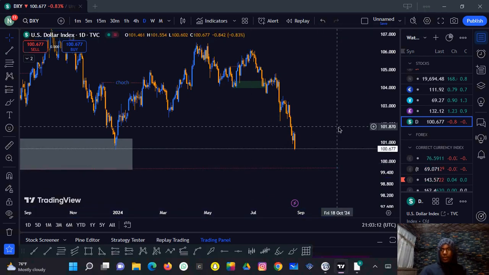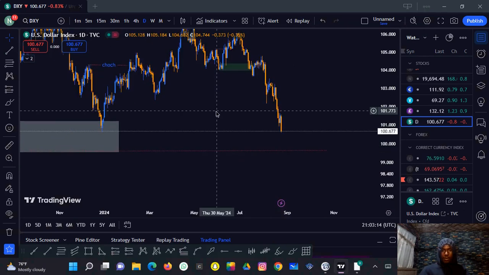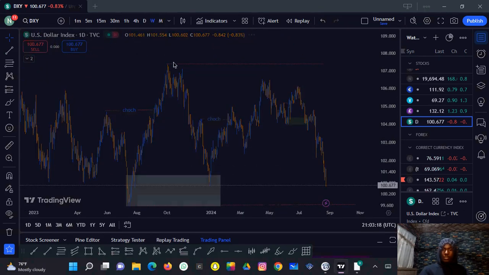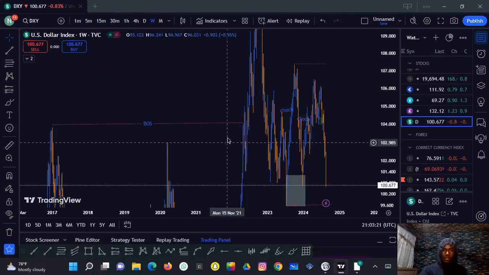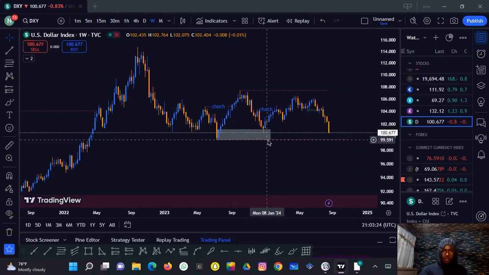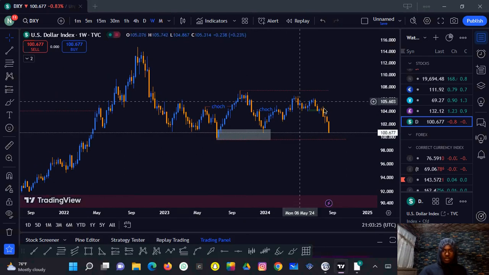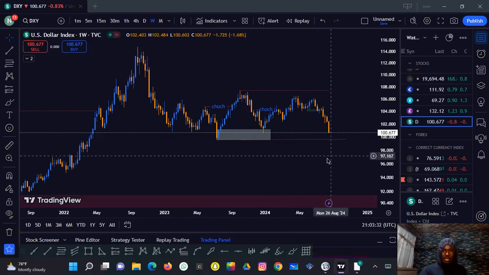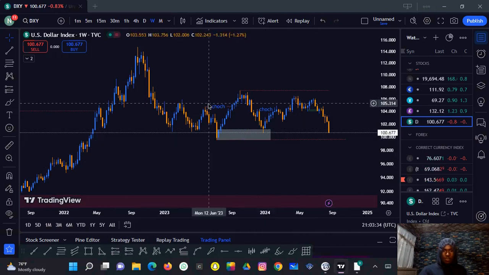On a normal time frame here, we are seeing a bearish move for the dollar index. It's slightly bearish here, even though there has been a change of character in the recent time frame.